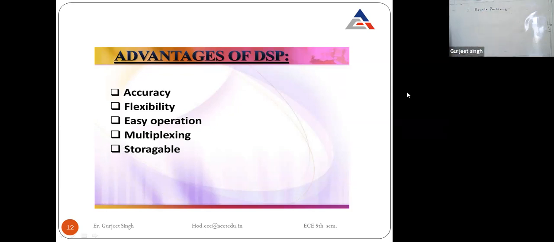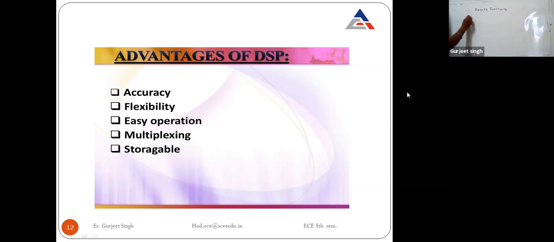So remote processing is easy in the case of DSP, and very tough in the case of the analog signal processor, because in an analog signal processor the resistor value and the inductor value change. So there is a problem of remote processing.